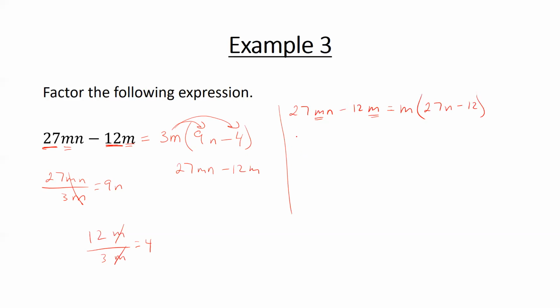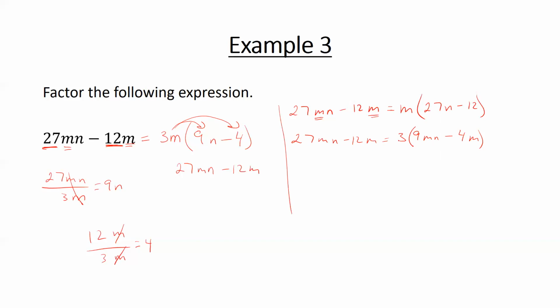A similar thing could happen if when you start with this expression, you factor out the 3, but forget that there's also a common factor of m. Then 27 divided by 3 is 9mn, and 12 divided by 3 is 4m. You can see you definitely factored because 3 is being multiplied by this expression, 9mn minus 4m.